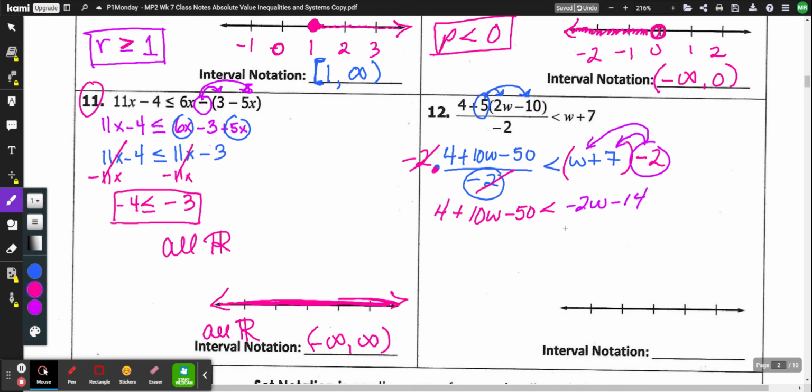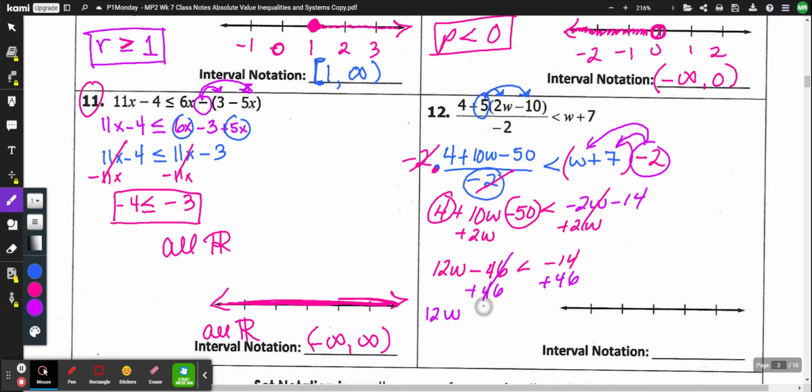Now I can combine my like terms. Let's bring this w to the other side. Those will cancel. I'm going to combine these two in one step. So I'll have 12w minus 46 less than negative 14. Now I can bring this 46 to the other side.